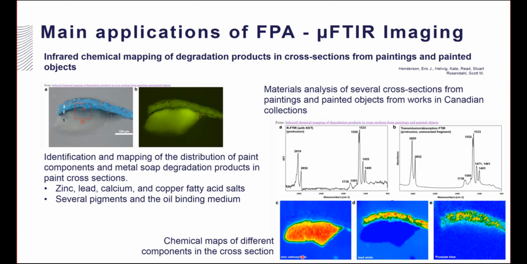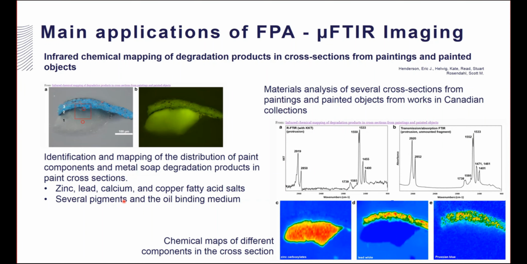It was possible to image the lower part of the cross-section and isolate zinc carboxylate, which are the degradation products of soap. And then in the upper part, some pigments were identified, as well as the binding medium of the pigments itself.